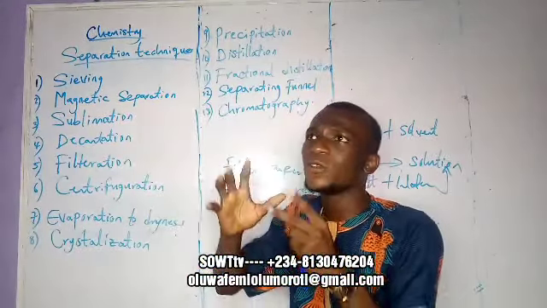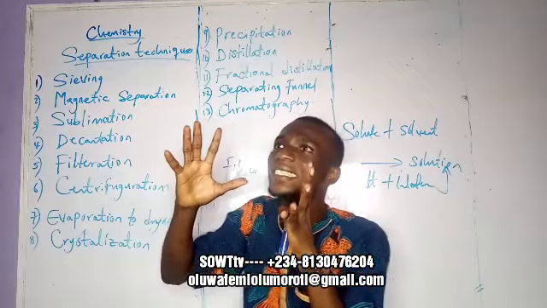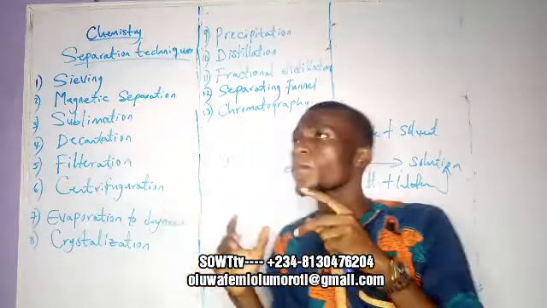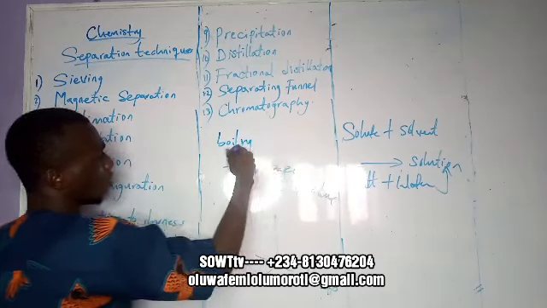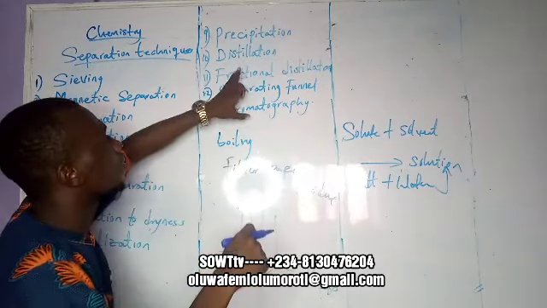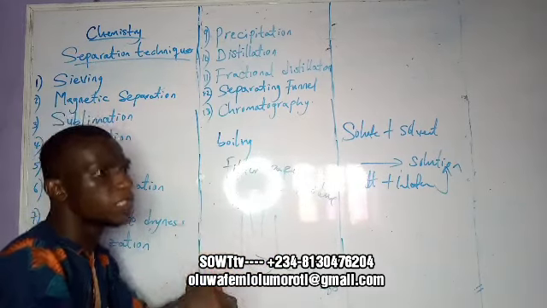All these things are solvents, they are fluids, they are liquids. So for us to get them, there is a need for us to know the boiling point. The temperature of kerosene is 35 degrees. The temperature of petrol is 40 degrees.